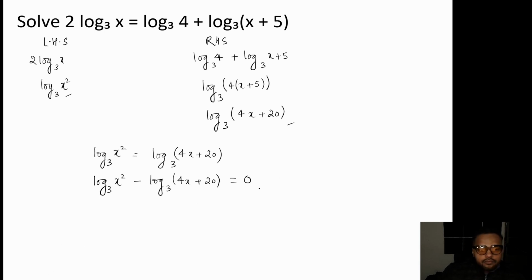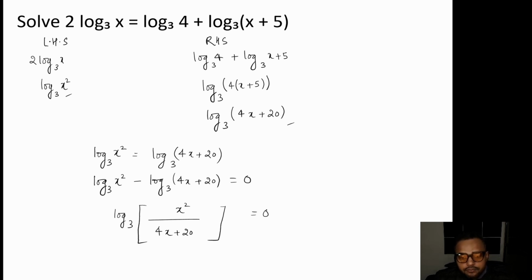On the right hand side no terms will be left. Now if I apply the quotient law here, students, we get log base 3 of x square upon 4x plus 20 equals 0.